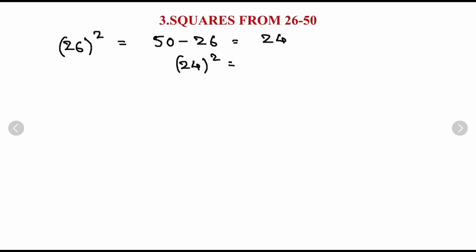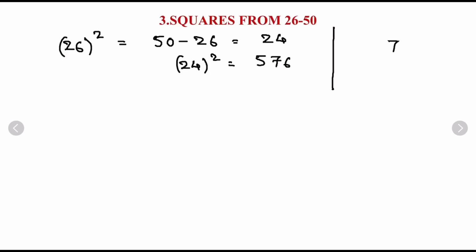Next, squares from 26 to 50. For example, I need to calculate 26 square. First I will explain it in detail, then we will go with the shortcut directly. First, 26, how much less than 50? 24. So 24 square, what is the value? 576.